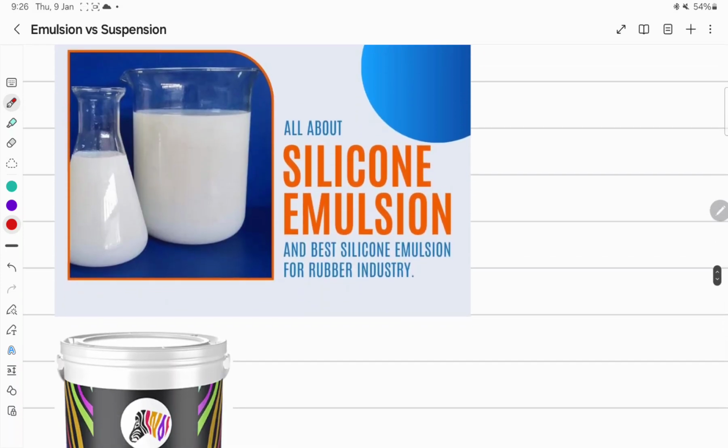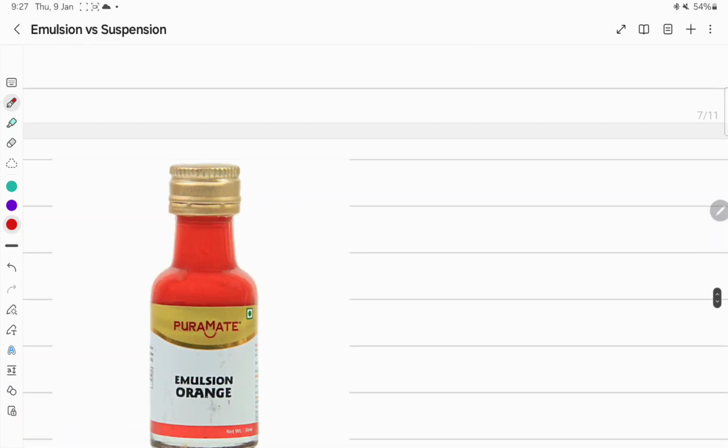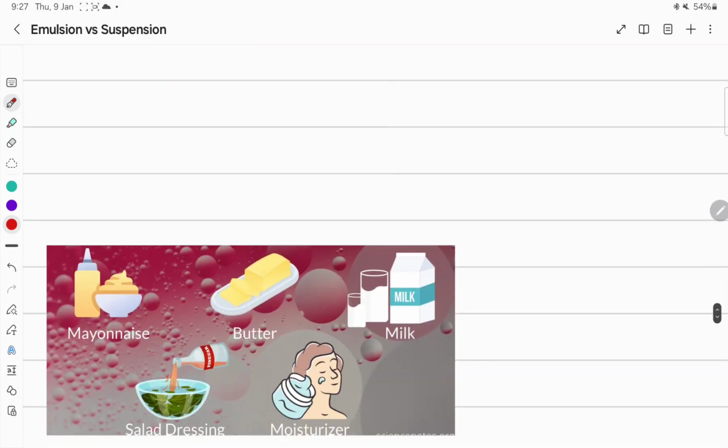And this is a silicone emulsion used in rubber industry, and all the paints we use are also examples of emulsions. This is emulsion orange.